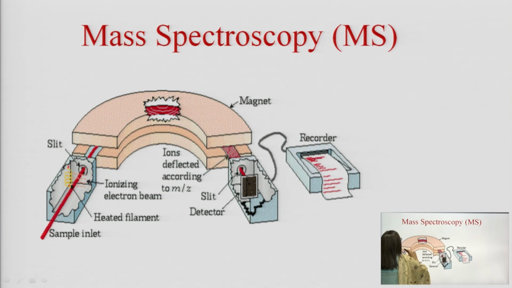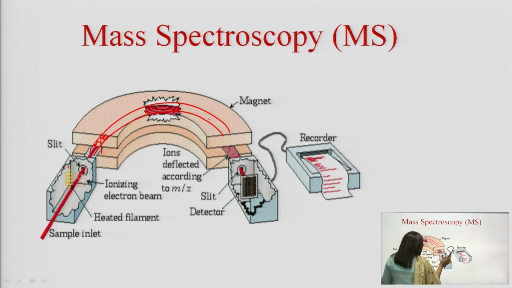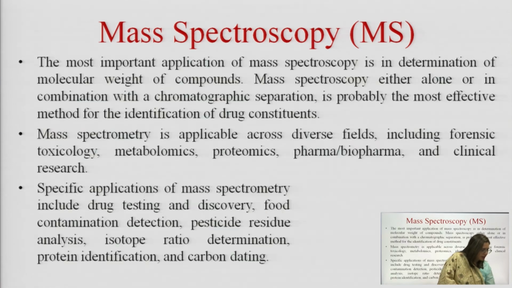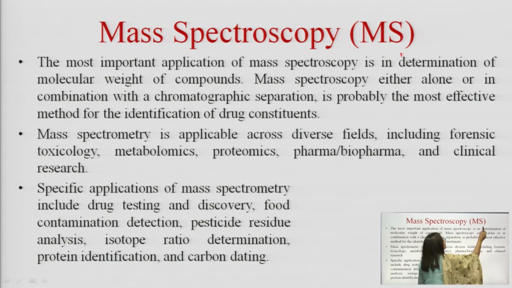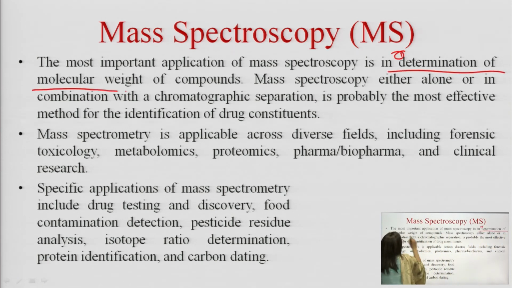In this circular path, a large curved magnet is present, and following this complete path, according to their charge and mass in the electromagnetic fields, each component gets separated out. Finally, they reach the detector, and their charge to mass ratio peak is recorded and the required compilations are done. Mass spectroscopy's most important application is to determine the molecular weight of the compound.